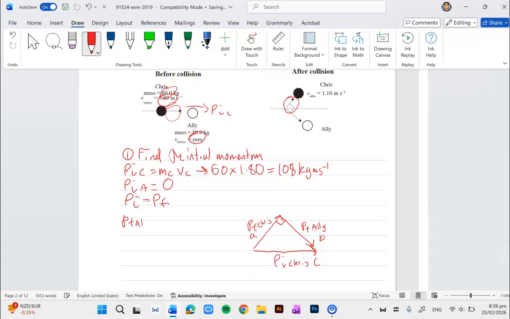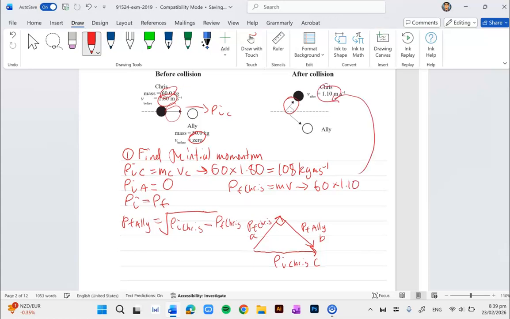p_f of Ellie is going to equal the square root of Chris's initial momentum squared minus the momentum of Chris after, squared. I haven't found that yet, sorry, but I can do that now. p_f Chris equals mv, which is his mass 60 times 1.1, which comes from here.